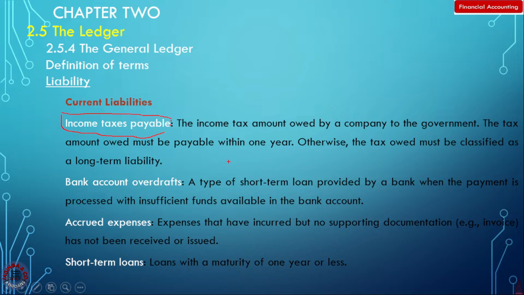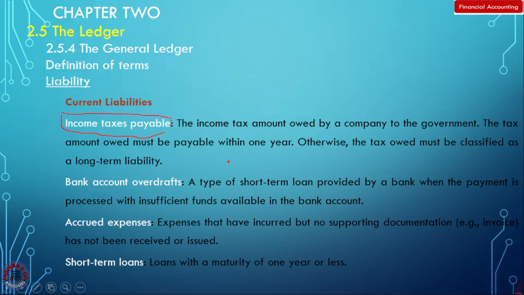So we call that one current liability. Like now you've operated for a period of 1 year. Then after 1 year, you need to calculate your income tax for the whole year. And then the income tax that you will have calculated after 1 year, you need to pay in the next year.